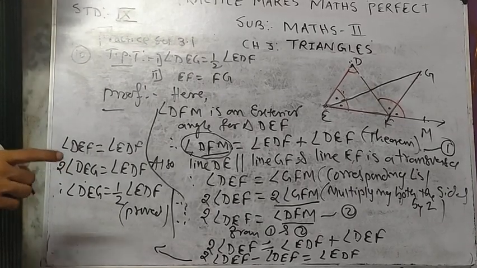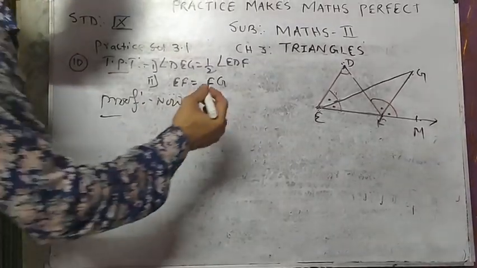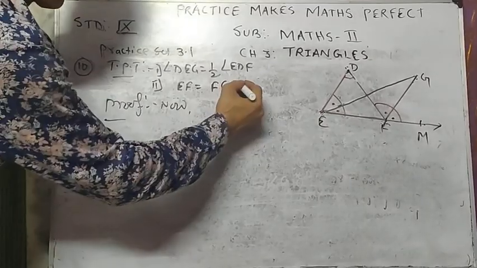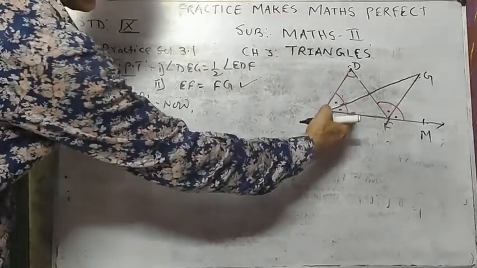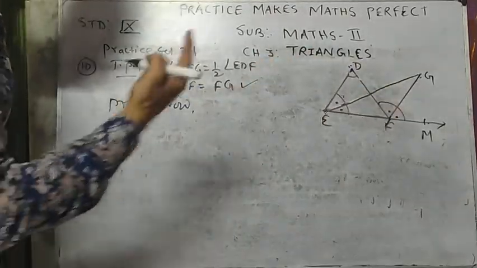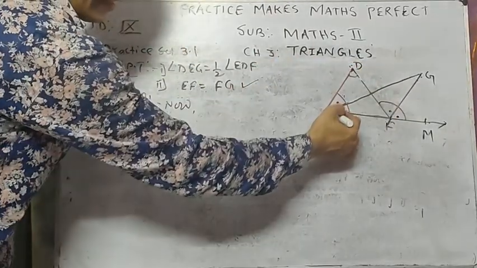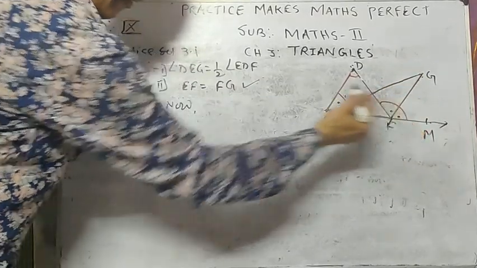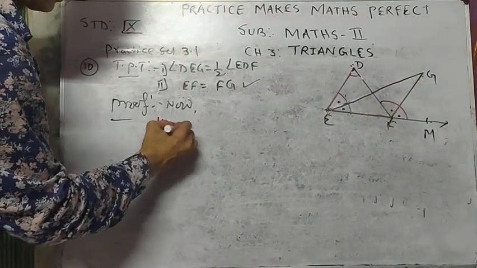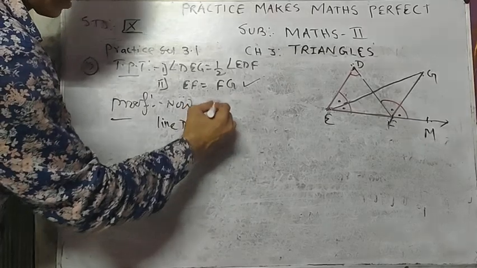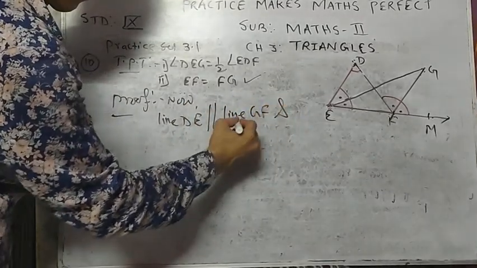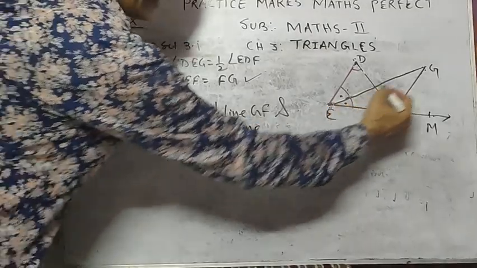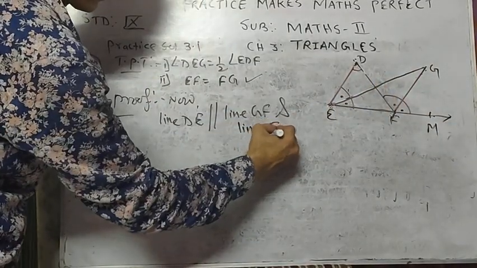Now come to the second part. In the second part we have to prove EF equal to FG. Now line DE is parallel to line GF, and line EG is a transversal. Now you have to take this transversal.